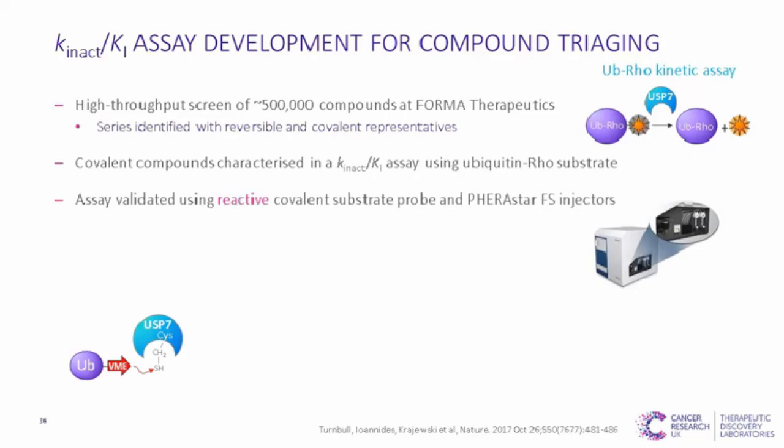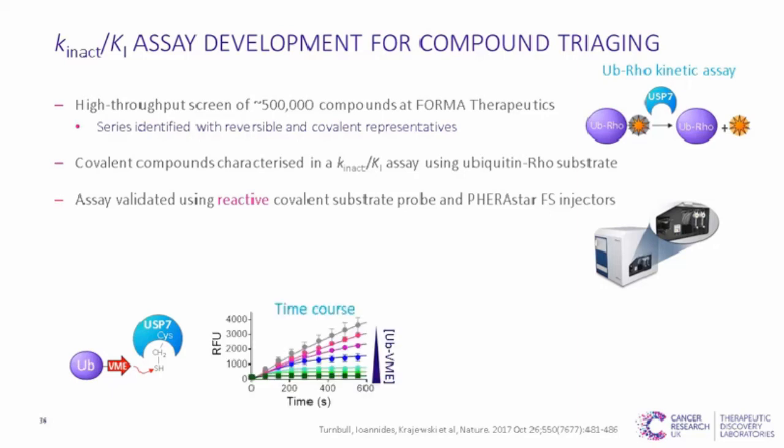We validated the assay using a reactive covalent substrate probe, which is formed of ubiquitin linked to a vinyl methyl ester warhead. This is a very reactive species, and so we characterized it using the injectors to make sure that we didn't miss the beginning of the reaction.